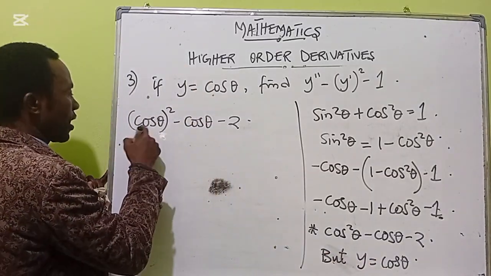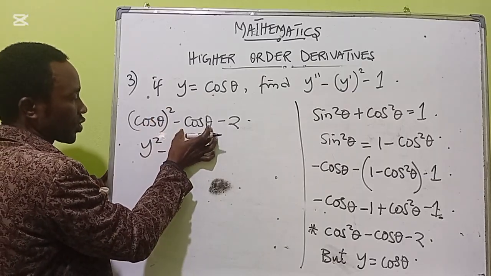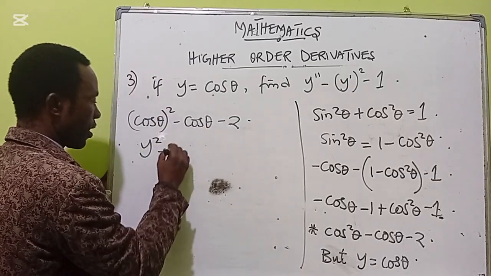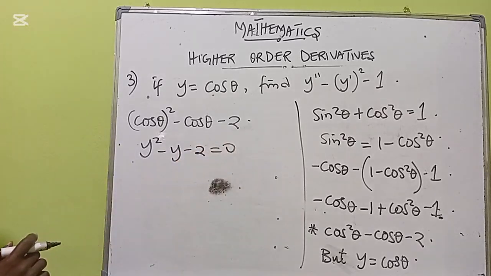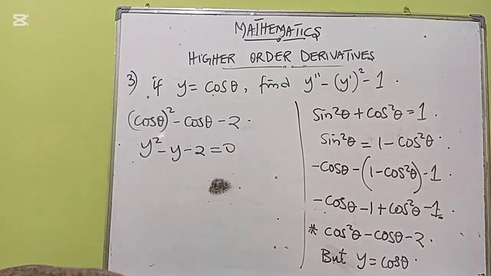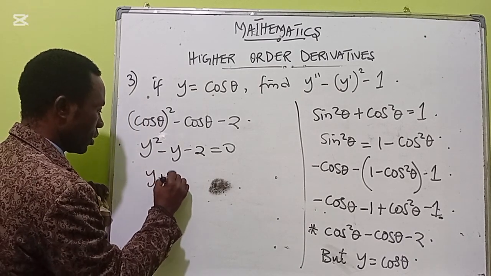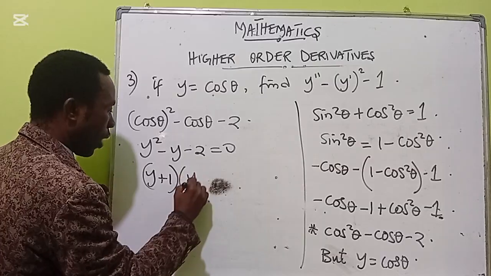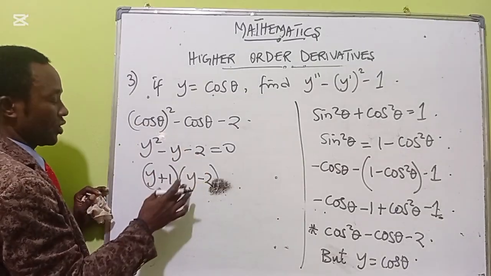So this will be y square minus y minus 2 equals 0. So we need to factorize. When we factorize, we'll be having y plus 1 into y minus 2 as the factorization.